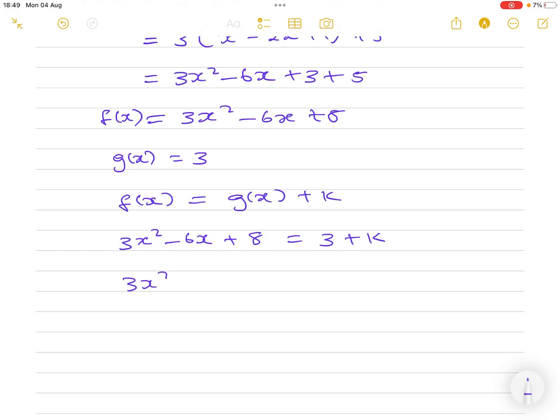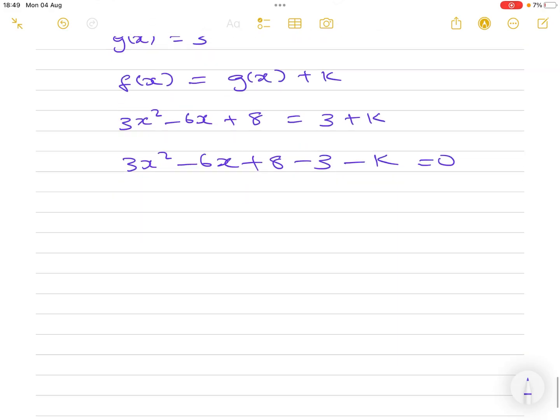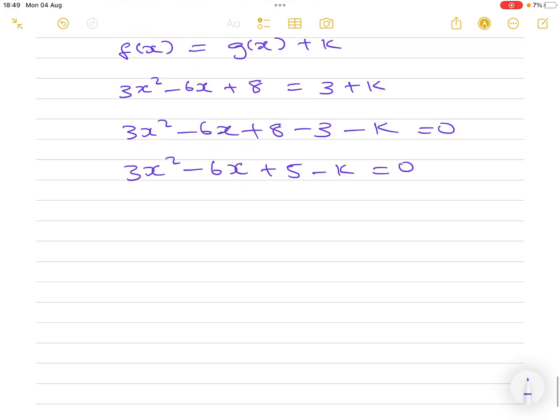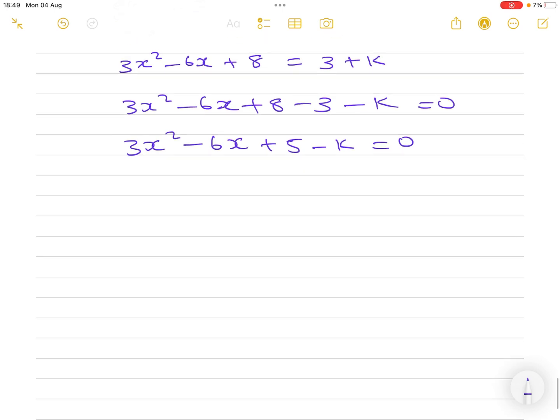So 3x squared minus 6x plus 8 minus 3 minus k equals 0. Then 3x squared minus 6x plus 5 minus k is equal to 0.